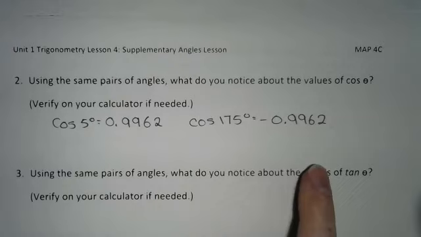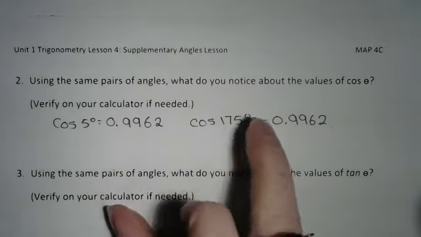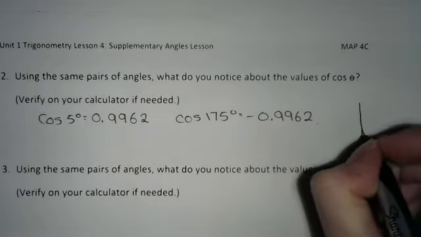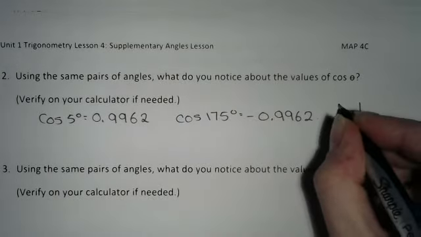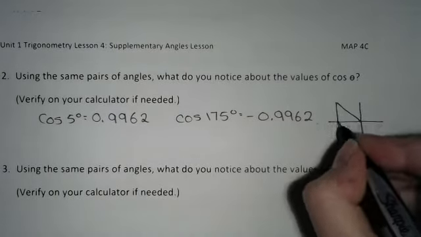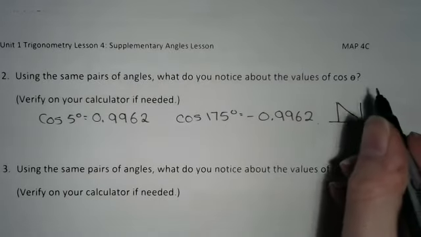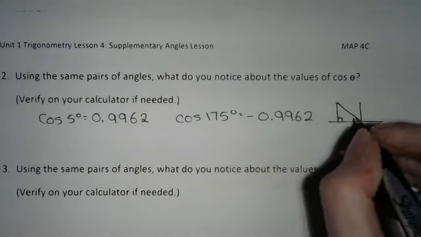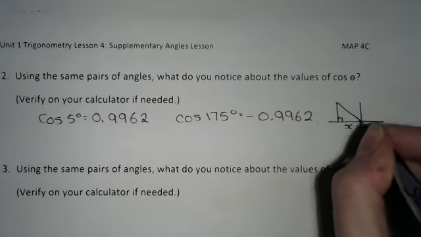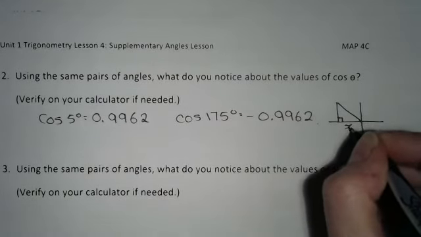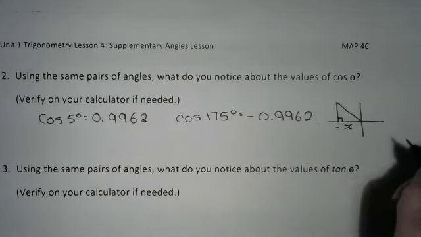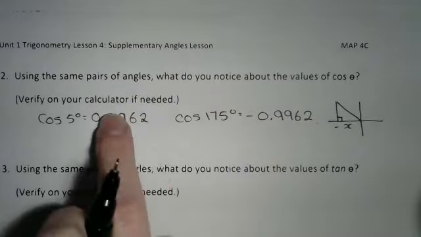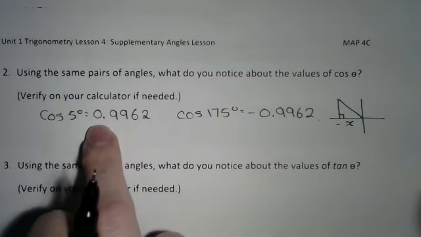What do you notice about the values? They're the exact same values, but the cosine is negative. And the reason it's negative, remember, is because when we are in the second quadrant, which this angle is, between 90 and 180, the x value, or the adjacent that we're using when we calculate cosine, is negative. So that's why it's negative for 175 degrees, and it's not negative for this one.